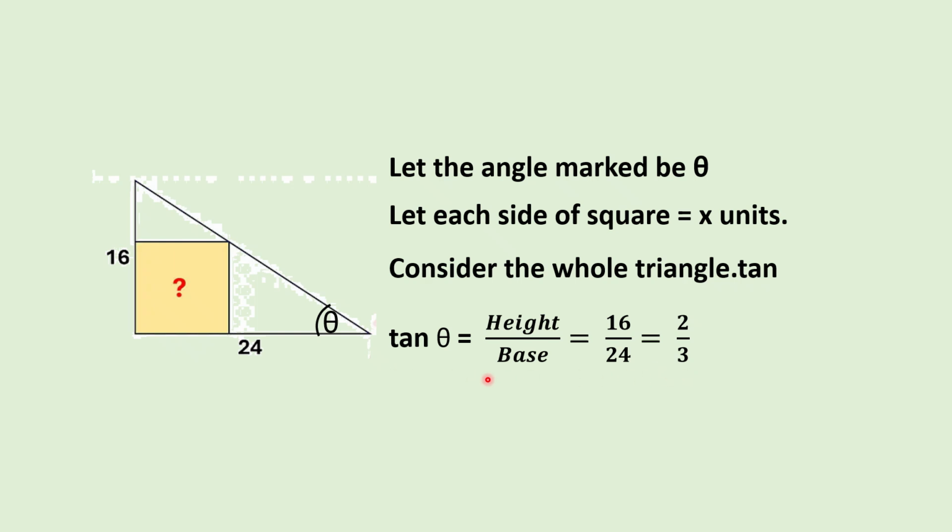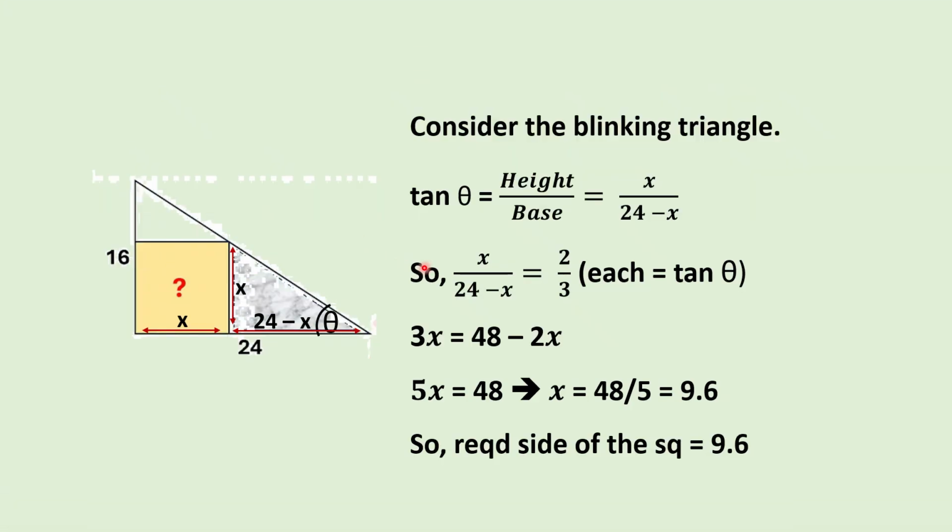Now let us see one more relation, and then we can equate them. Now see only the blinking right angle triangle. Tan theta is equal to height by base.